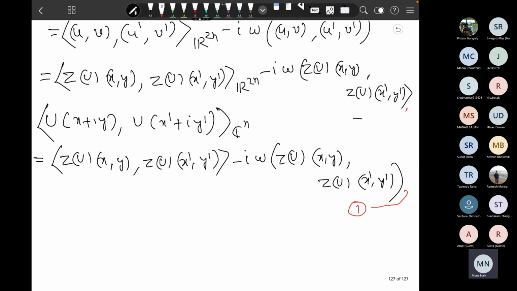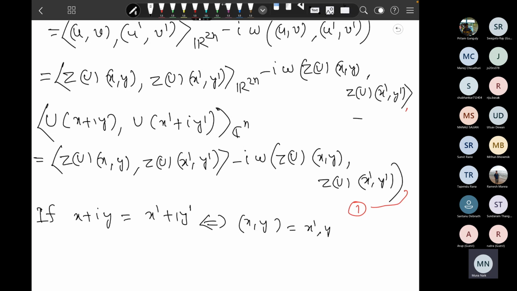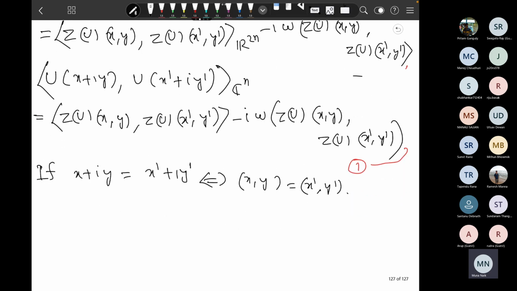Now if x plus iy is equal to, say, x prime plus iy prime, then this will imply that xy is equal to x prime y prime. Now if I put that, the second thing, w, is actually an antisymmetric bilinear form.